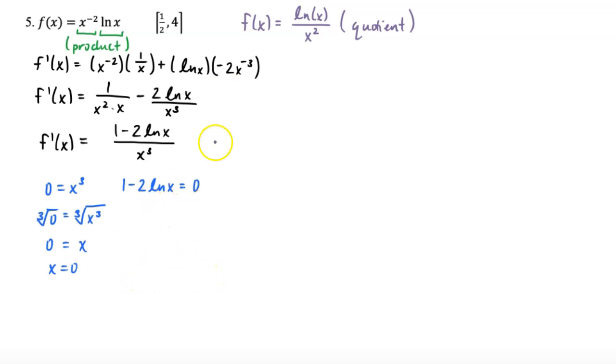So now let's look at the second equation. To keep everything positive, I'm going to move the 2 times the natural log of x over to the right-hand side by adding. So I'm going to get 1 is equal to 2 times the natural log of x. All right. I want to isolate this x as much as possible.